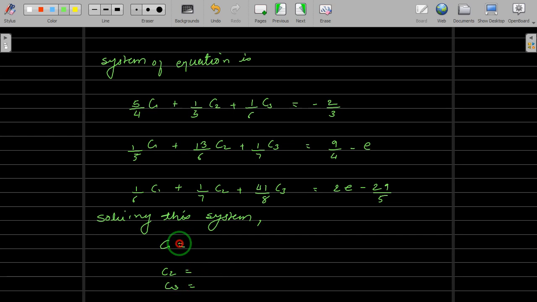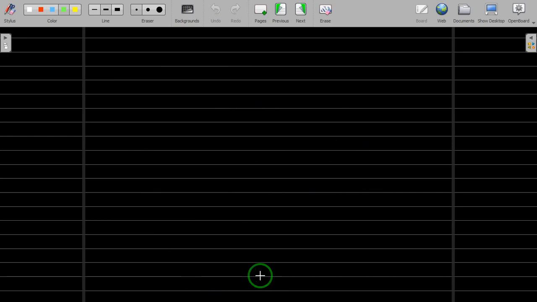Here approximately you will have minus 0.5010, this is minus 0.1671, and here it will be minus 0.0422. With this C1, C2, C3, you can write the solution.